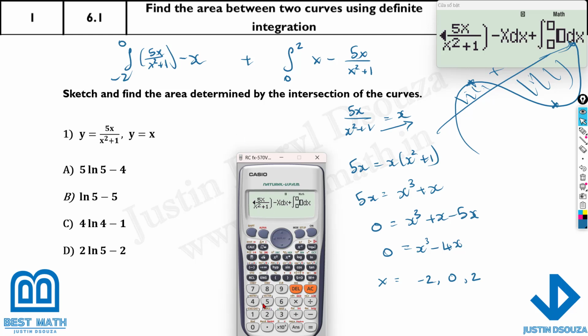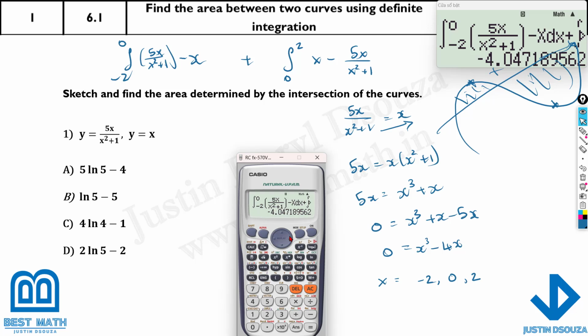So we will have to use x, because it's a single term, I'm not using brackets for x. But minus, when it's a bigger one, it's better to put brackets. It's 5x by x squared plus 1, close the bracket. And then the limits are from 0 to positive 2.